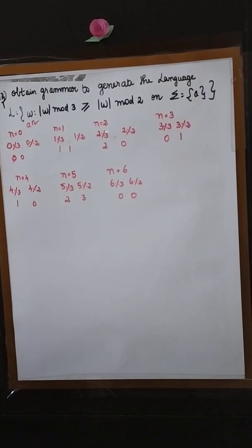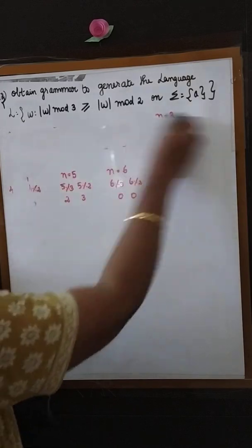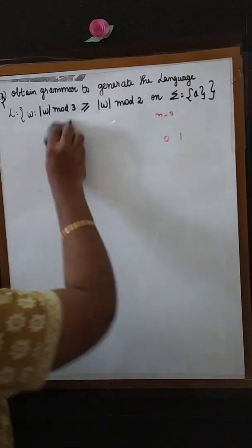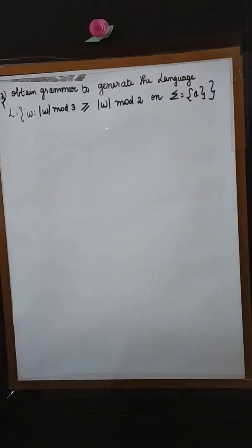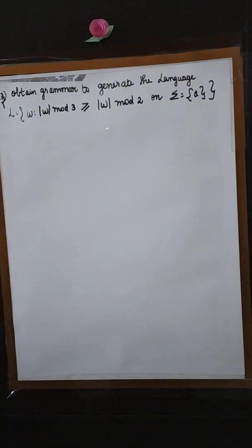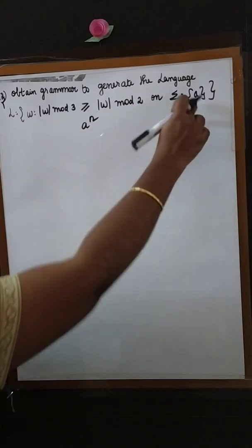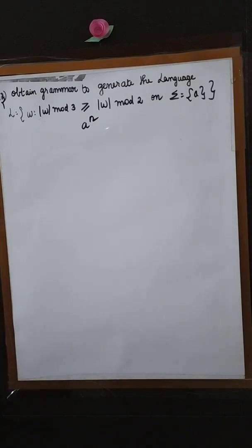43rd question. Obtain a grammar to generate a language. Let me do it once again so it will be easy for you to understand. Here they told you that the modulo 3 should be greater than or equal to modulo 2. So now we have to consider a to the power of n, since they have given only one input symbol a.